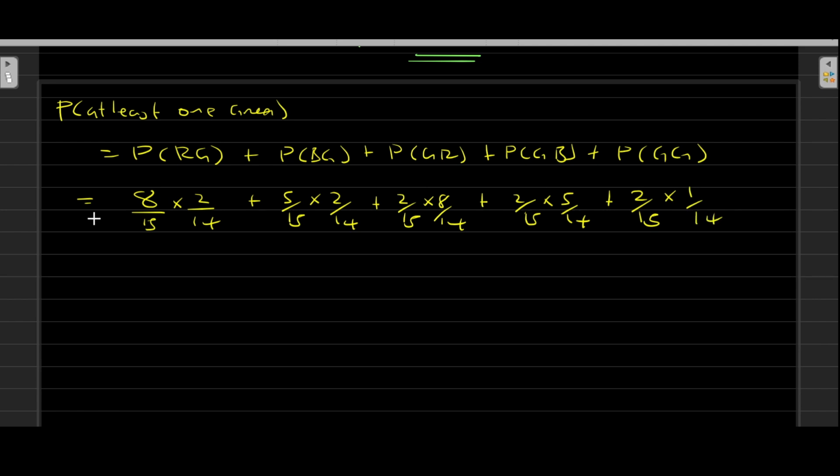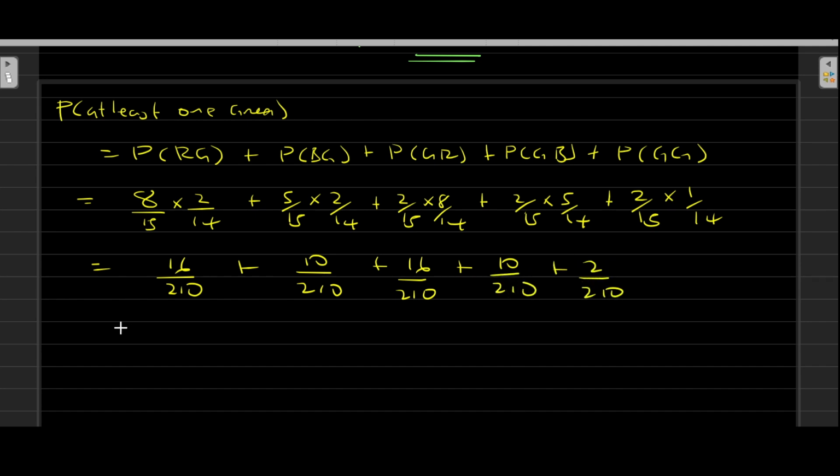Then if I multiply these expressions here, this one gives me 16 out of 210, plus this one will give me 10 out of 210, plus this will give me 16 out of 210, plus this will give me 10 out of 210, plus this will give me 2 out of 210. If I simplify further, I add 16 plus 10 plus 16 plus 10 plus 2 to give me 54. 54 out of 210.